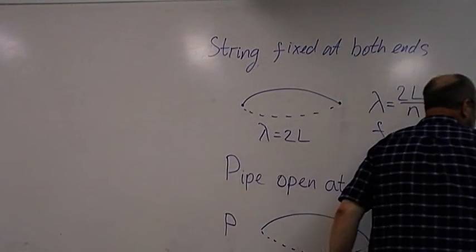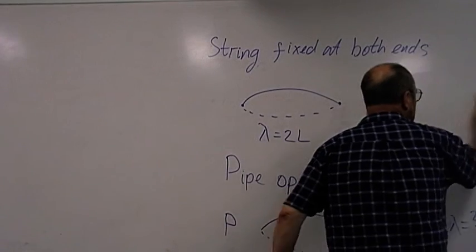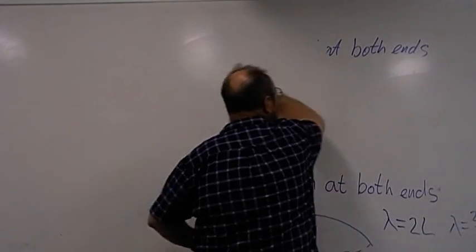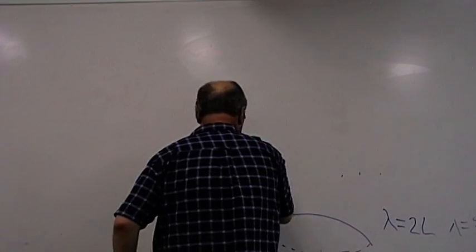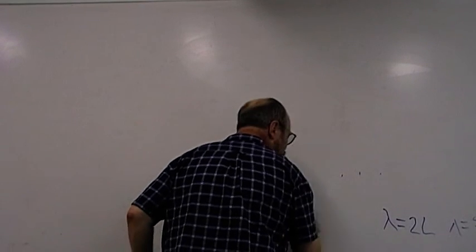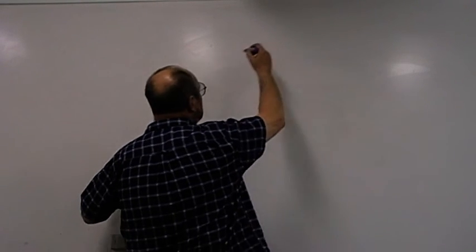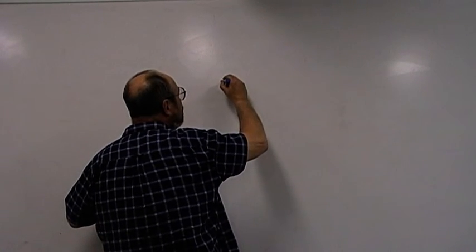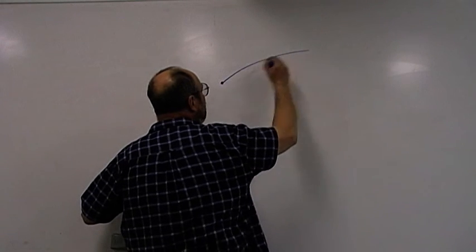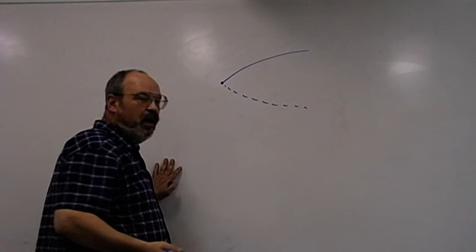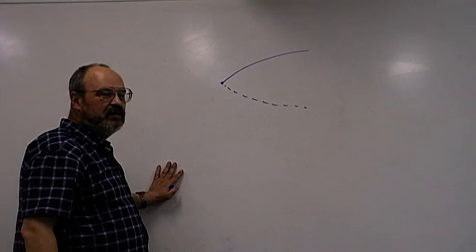So, changing the thickness of the string changes the speed of the wave in that string, and so changes its resonating frequency. Now, we had that for a string fixed at one end, and the same will be for a pipe open at one end.